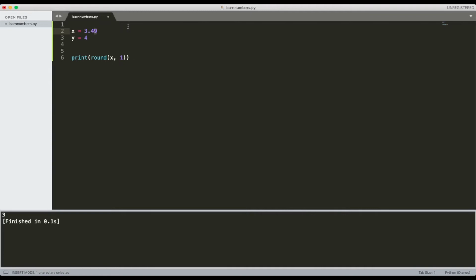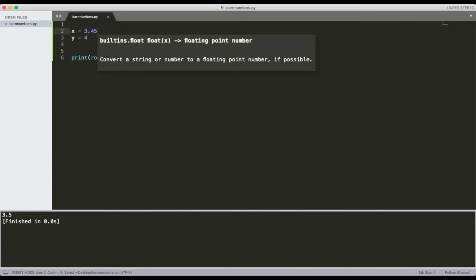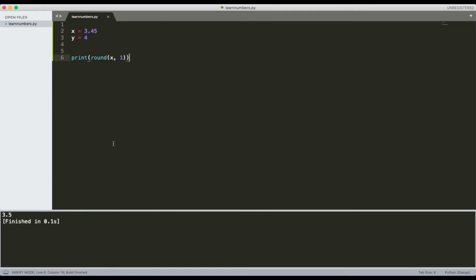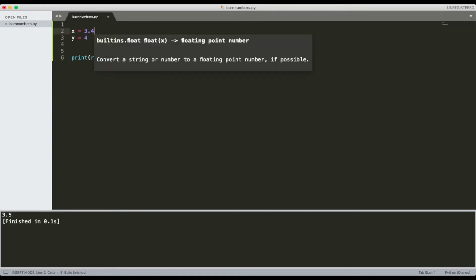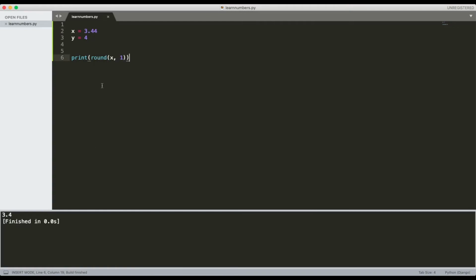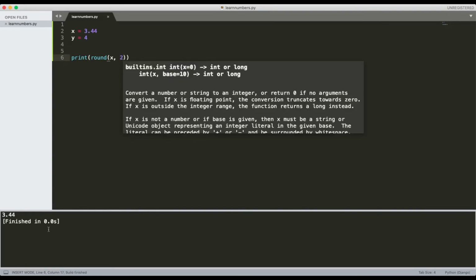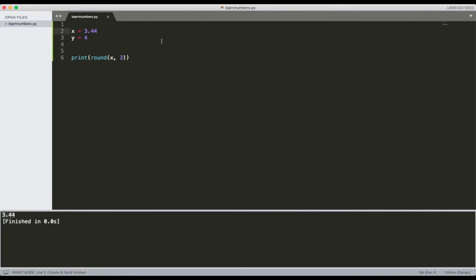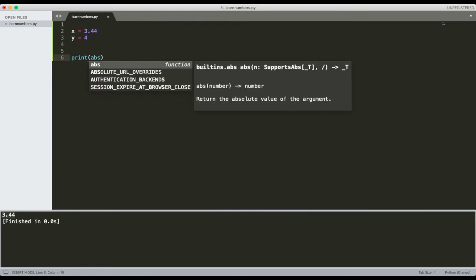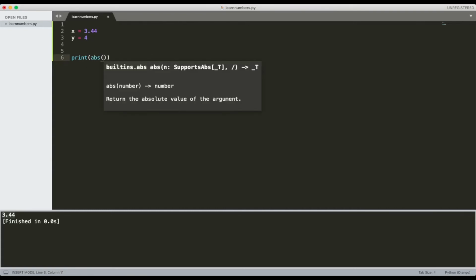So this rounds to 3.5. If I had 4 and below, we would have 3.4. If I did 2 decimals, it would stay the same because we don't know what the rest of the decimals are, right?